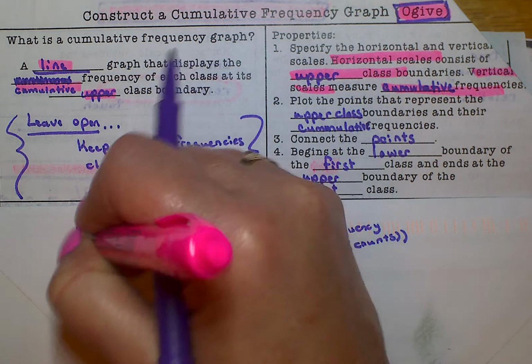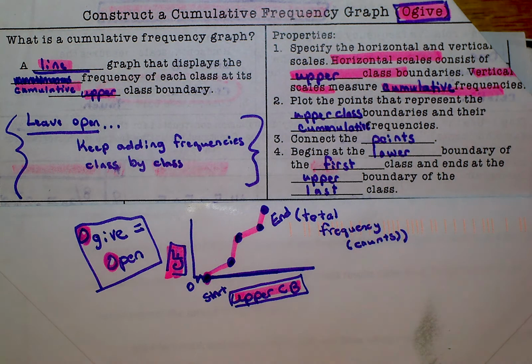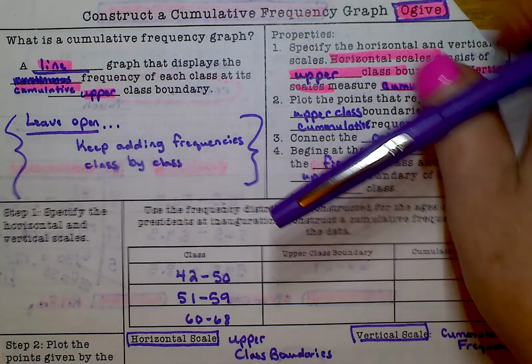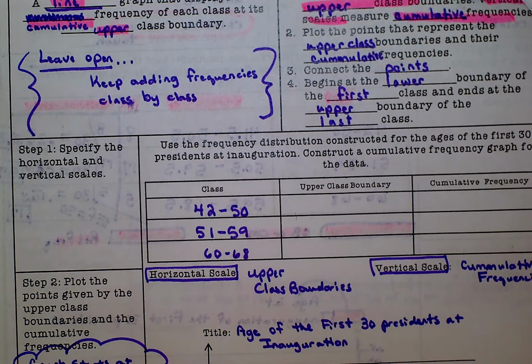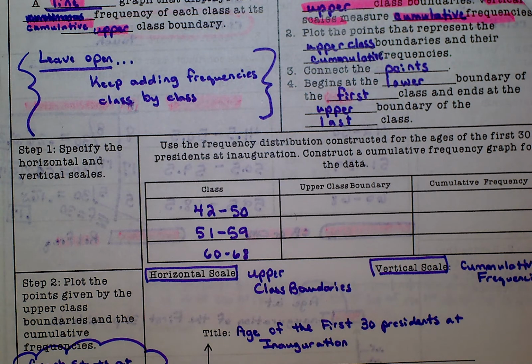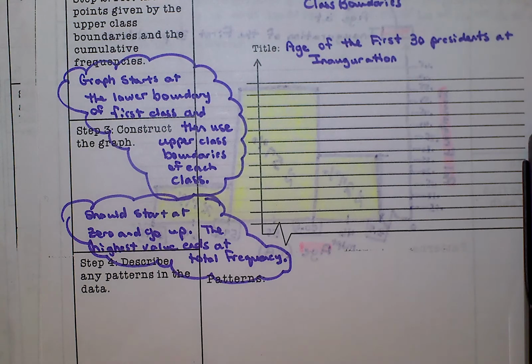Remember, when you have an ogive, it's going to be open, because we're going to look at a polygon in a minute, and polygons are closed. Okay, before we move forward, if you'll go ahead and fill this part in with your chart. And I want you to copy this next. So if you need to pause, if I'm moving it too fast, you do need this information or it will help you. This is what I said I was going to come back to.